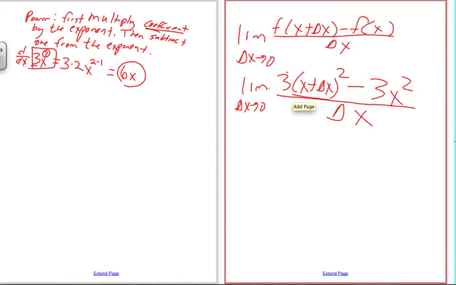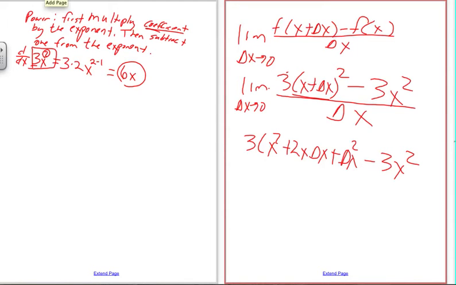Okay, I have to expand this out. I have 3 times x squared plus 2x delta x plus delta x squared minus 3x squared. Right? And I'm going to distribute.